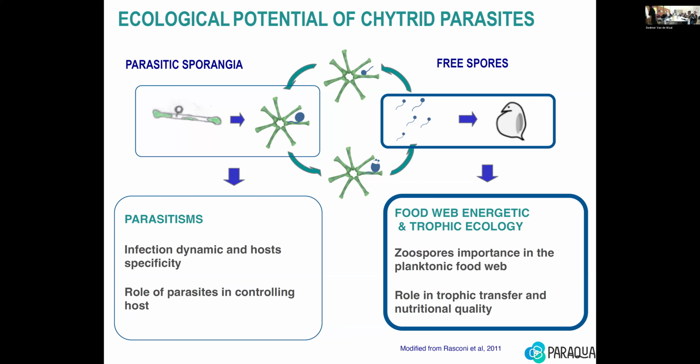So I just want to make this precision, to clarify the point of view. We will really look at what feeding on the zoospores means as a nutritional resource. This has nothing to do with the chytrid life cycle or the spreading of the infection.